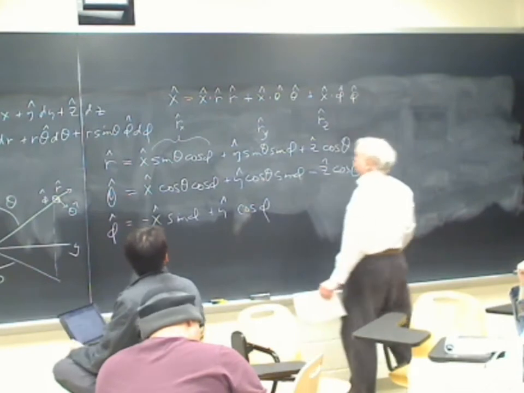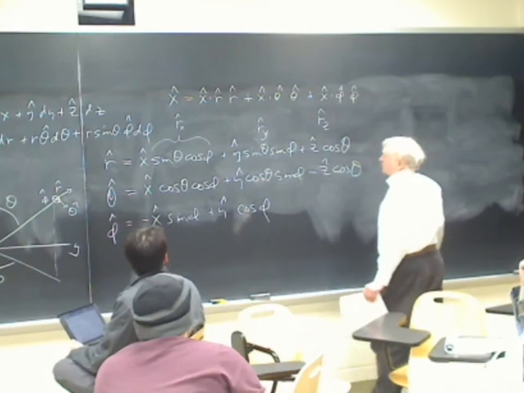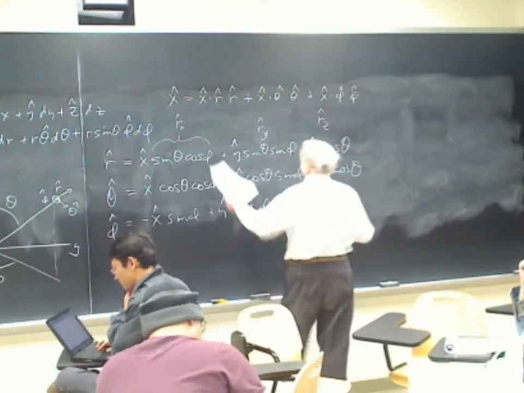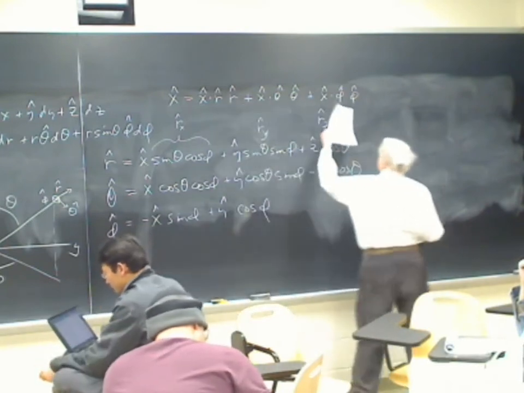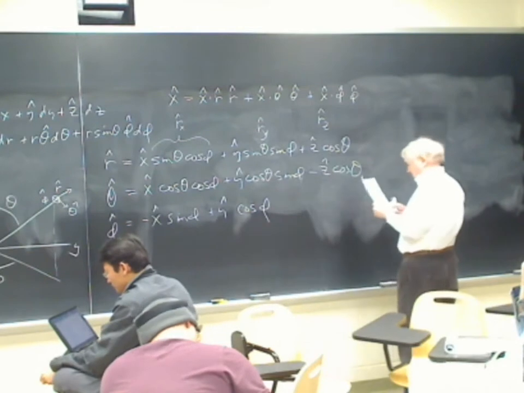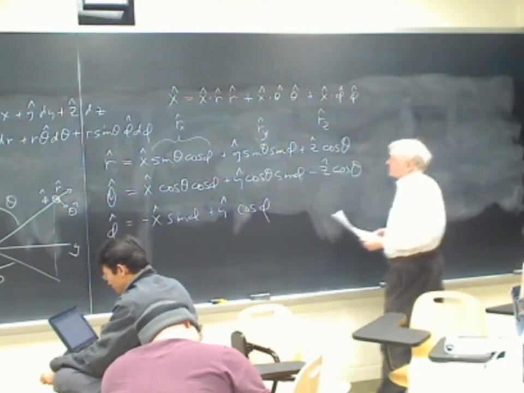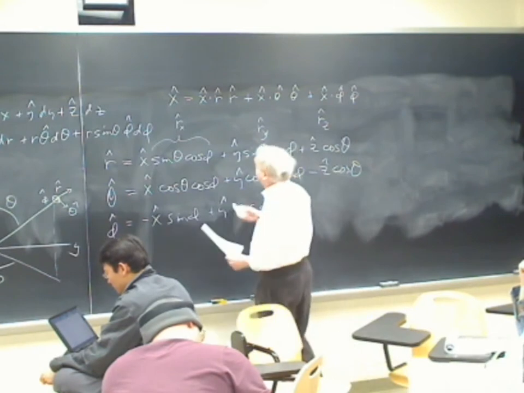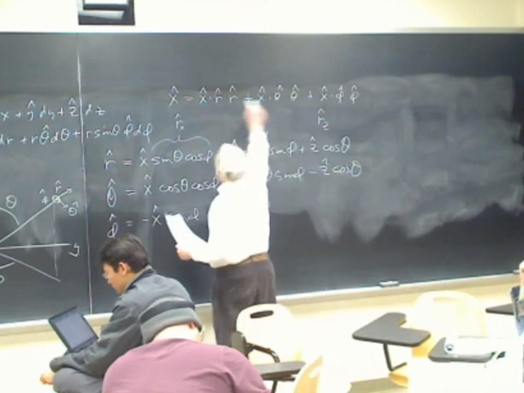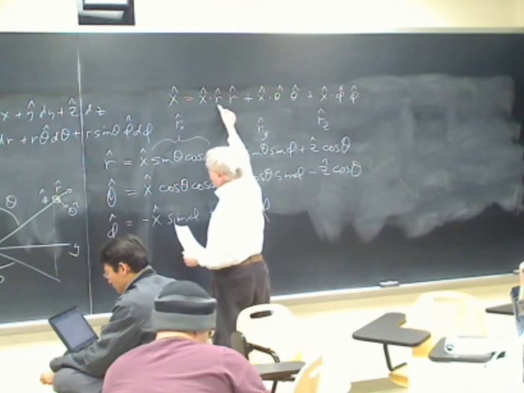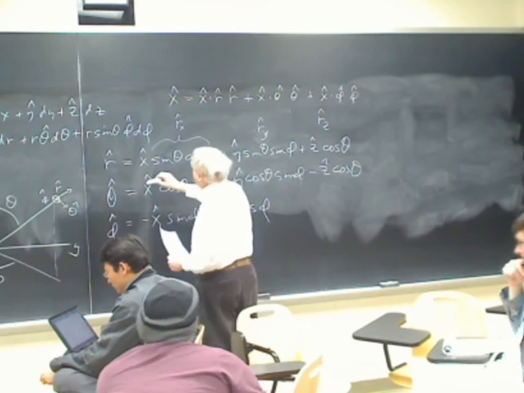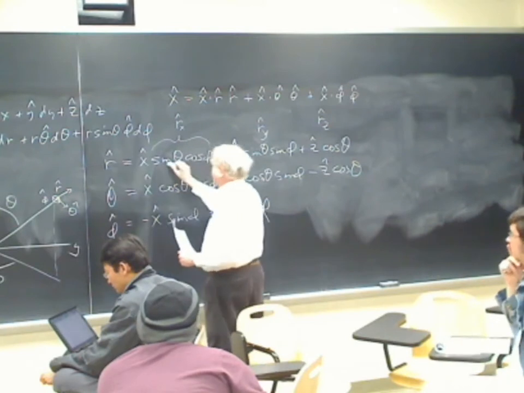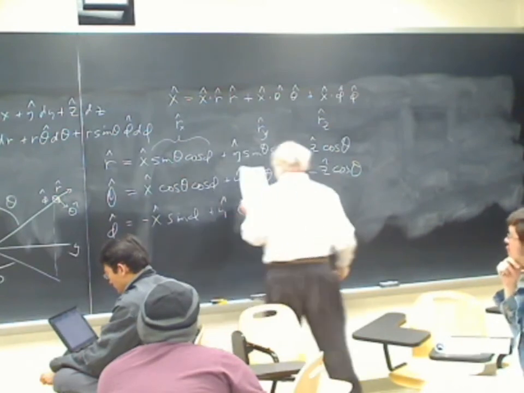So that's pretty clear: just as x hat, y hat, z hat form a basis, so do r hat, theta hat, phi hat, and so those are the components. Well, if we just calculate this by forming the dot product of x hat with r hat, the only component is the first one, so that's just sine theta cosine phi.